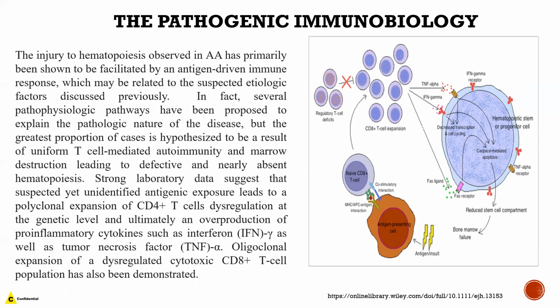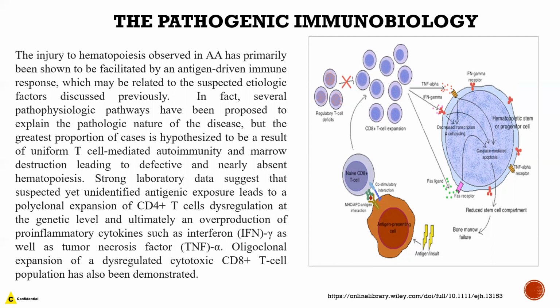Strong laboratory data suggests that suspected yet unidentified antigenic exposure leads to a polyclonal expansion of CD4 T cells, dysregulation at the genetic level, and ultimately an overproduction of pro-inflammatory cytokines such as interferon gamma as well as tumor necrosis factor alpha.